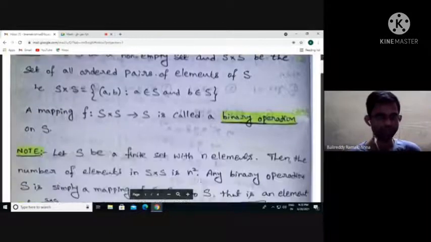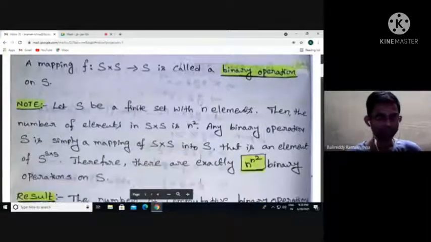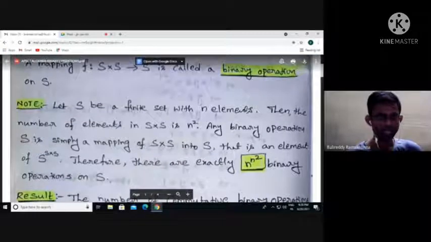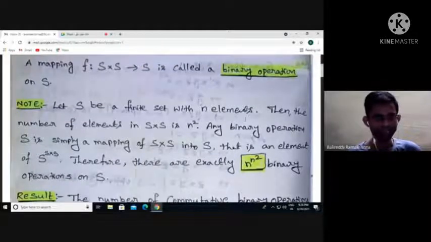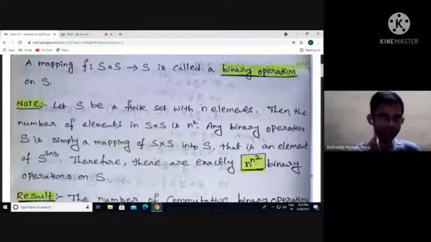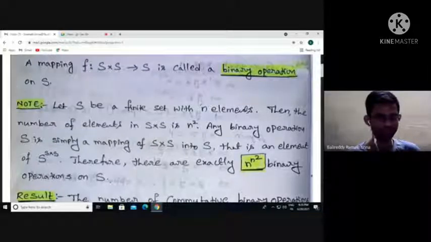Okay, and we have important note points. Let S be a finite set with n elements. That means S is a set consisting of n elements. Then the number of elements in S cross S is n squared.